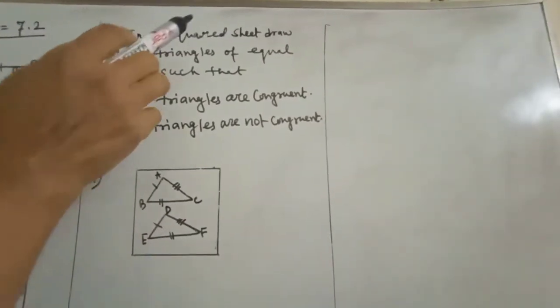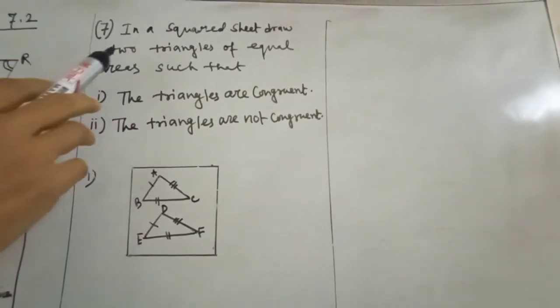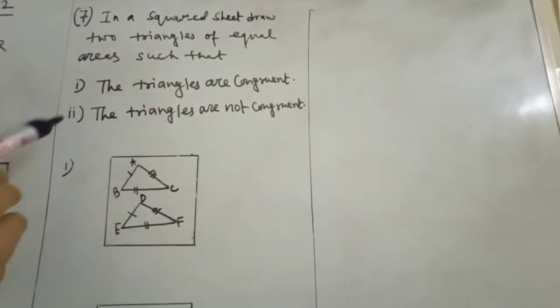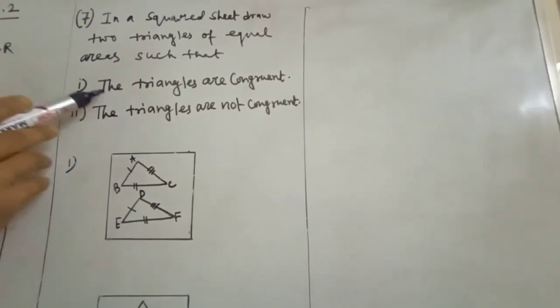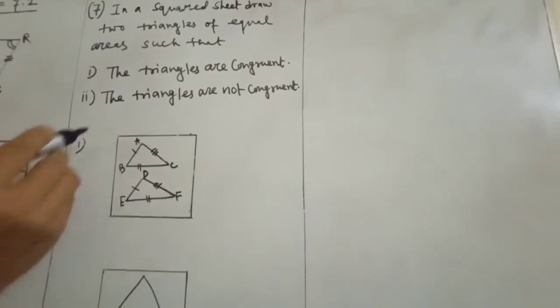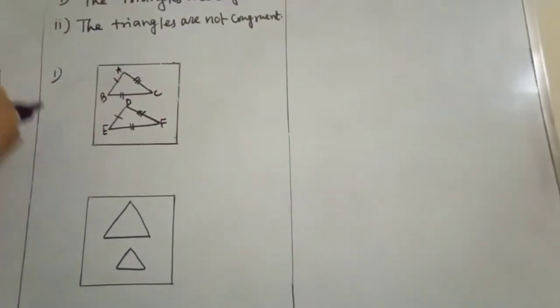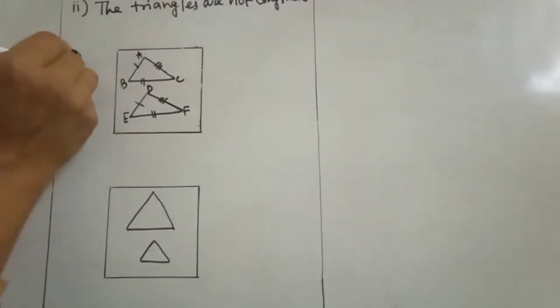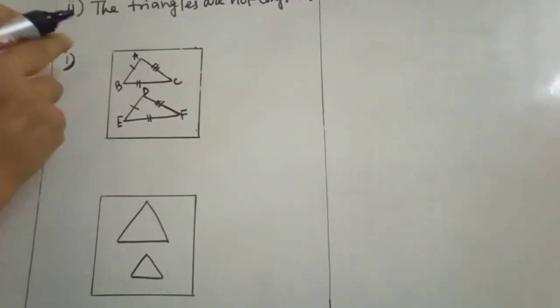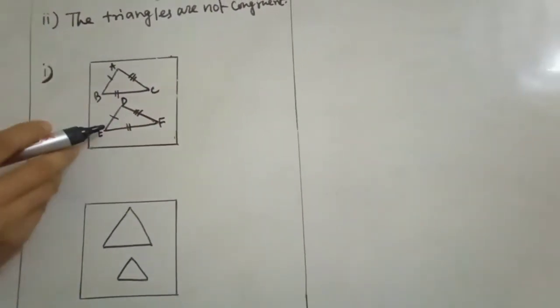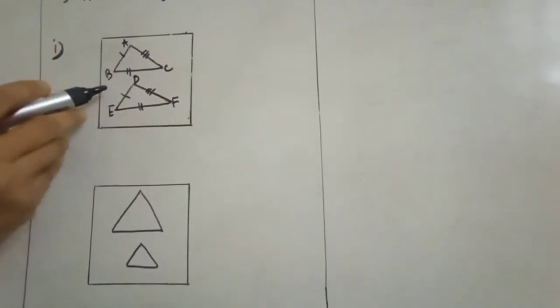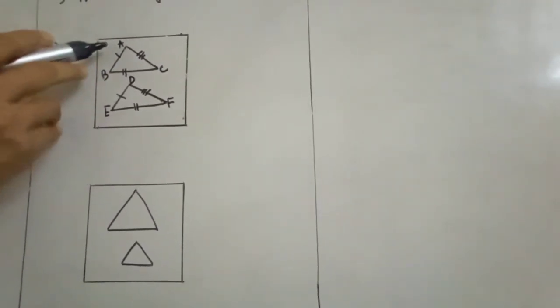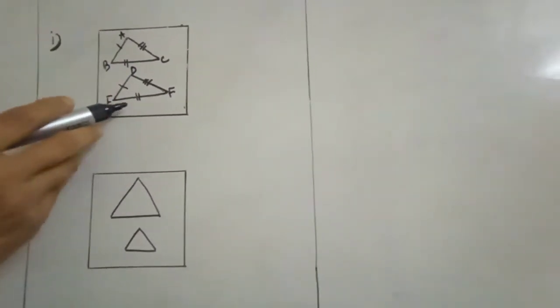In a squared sheet, draw two triangles of equal area such that, question number 1, the triangles are congruent. See, this is a square sheet. It is a rough sketch only. In this square sheet, I have drawn two triangles, triangle ABC and triangle DEF.